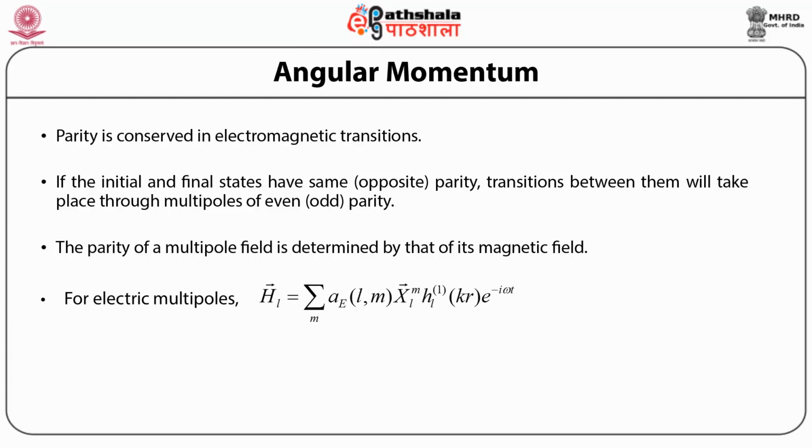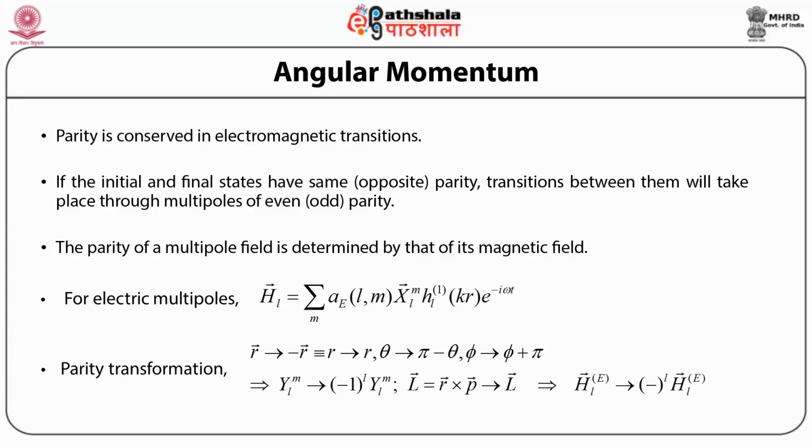So for electric multipoles, H vector L is equal to summation over m of AE as a function of L, m into X L, m vector into h L (1) as a function of kr, times e raised to power minus iota omega t.